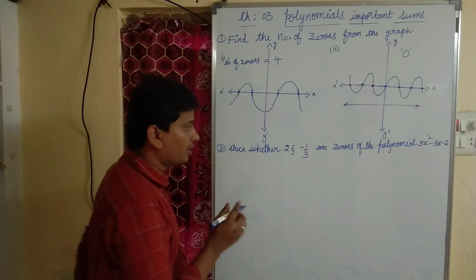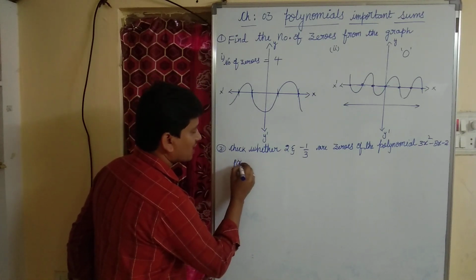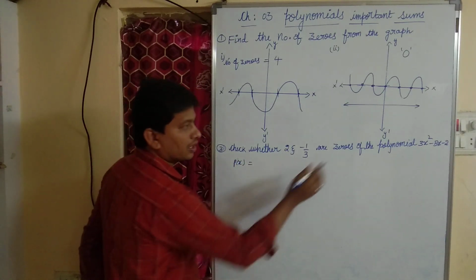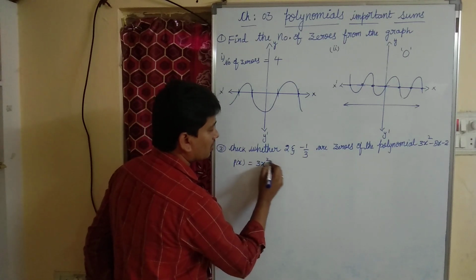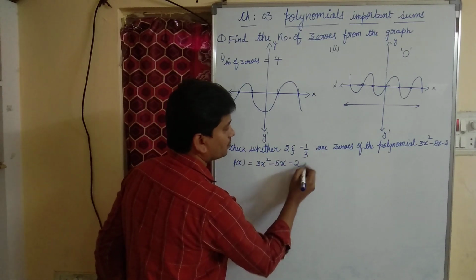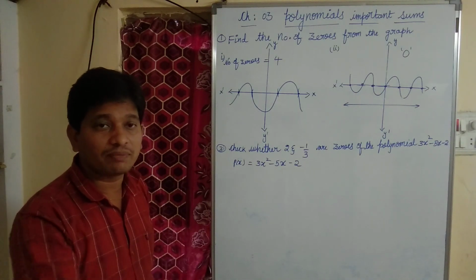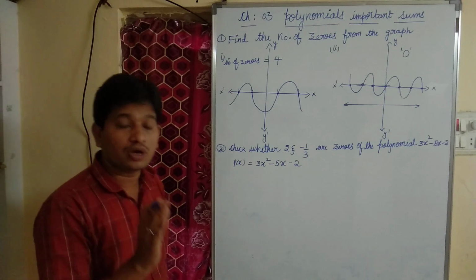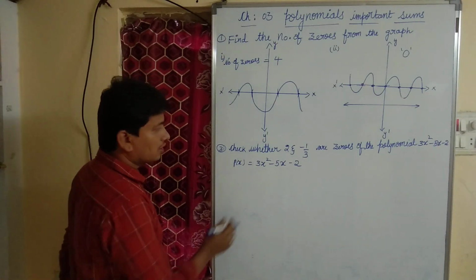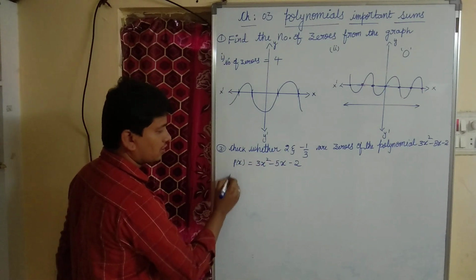Consider the given polynomial as p of x equal to 3x square minus 5x minus 2. We need to check whether 2 and minus 1 by 3 are zeros of the polynomial or not. Okay, now in place of x substitute 2.